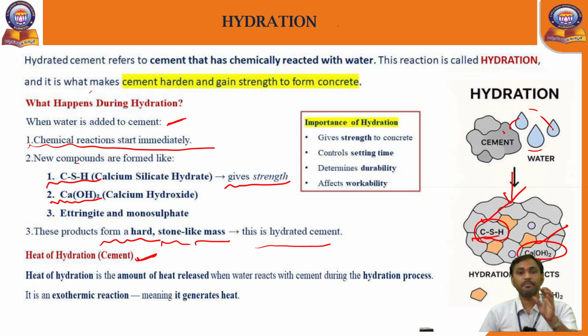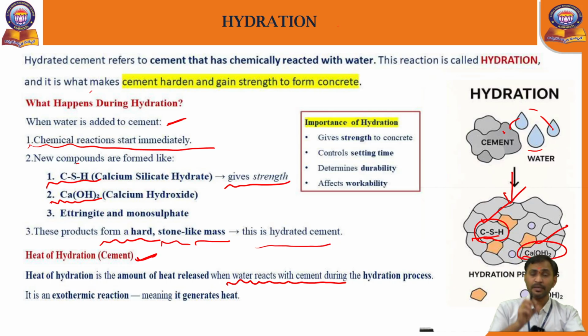Slowly the cement hardens and gains strength. Coming to the heat of hydration of cement: the heat of hydration is nothing but the amount of heat released when water reacts with the cement during the hydration process. See how deep the concept is.